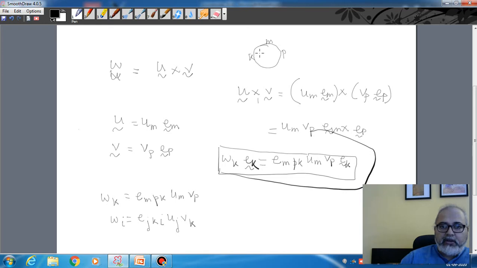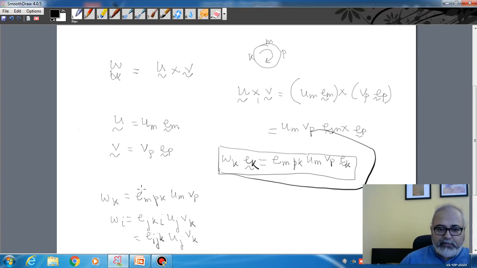Now if you look at MPK, let's say MPK is a clockwise combination, then KMP is also a clockwise combination. If MPK is an anti-clockwise combination, KMP is also anti-clockwise. So I can just write this as EIJK UJ VK.